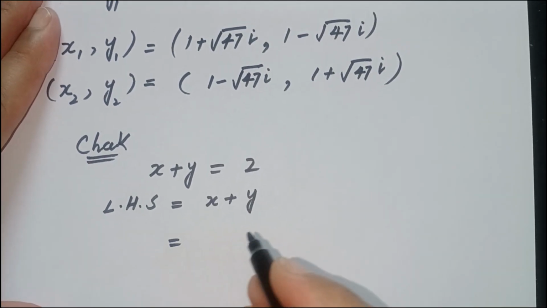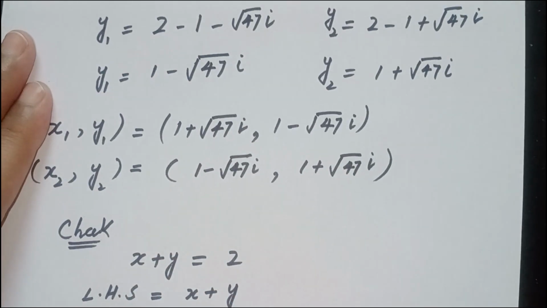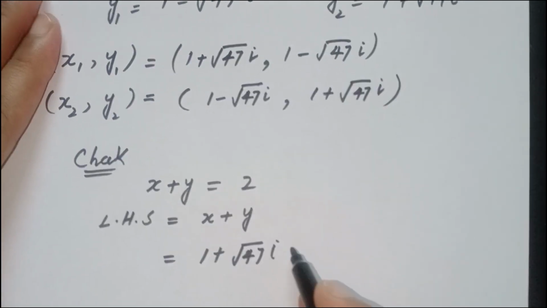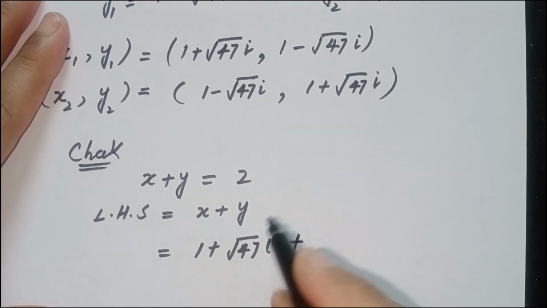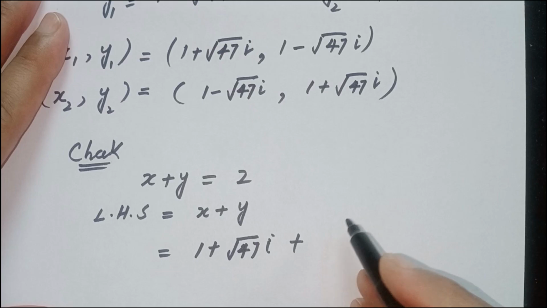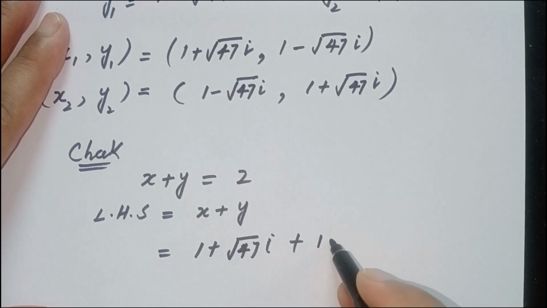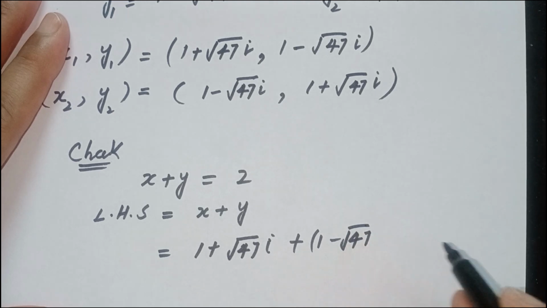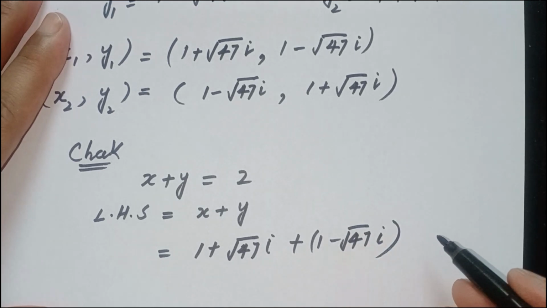Now plug in the values of x and y here: 1 plus square root 47 I plus 1 minus square root 47 I.